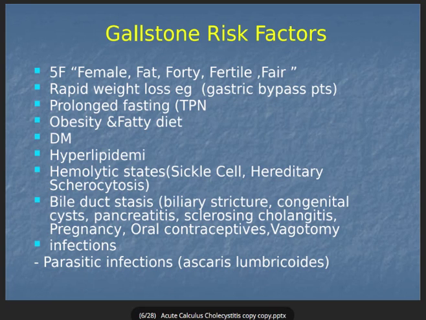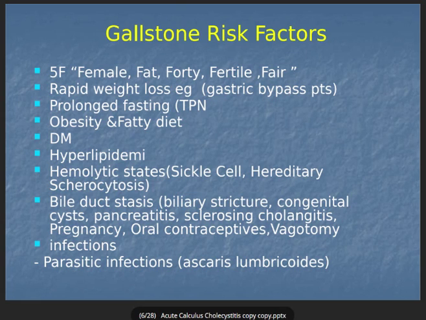So all the risk factors are summarized into these things. You have either stasis of bile and no recycling, and that can either be structural or functional. Functional from the same CCK, or from the slowing down from the female hormones, or you can have it structural by any means of obstruction, strictures or worms or pancreatitis or cysts or whatever.